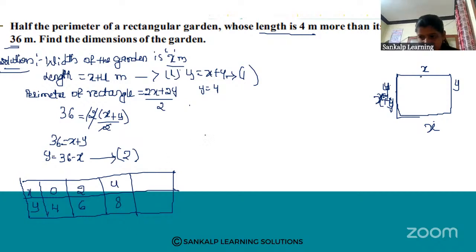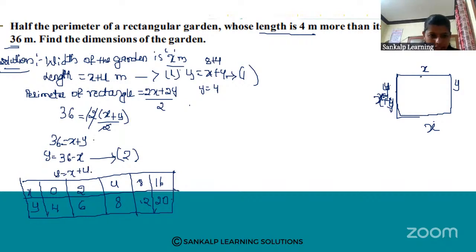If I put x is equal to 8, 8 plus 4 is 12, right? Next, if I put x is equal to 12, 12 plus 4 is 16. Next, if I put x is equal to 16, 16 plus 4 is 20. You can put as many values as you want. Okay. Now, this is the table for equation number 1, that is y is equal to x plus 4.